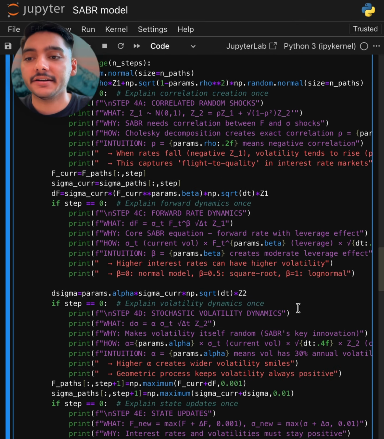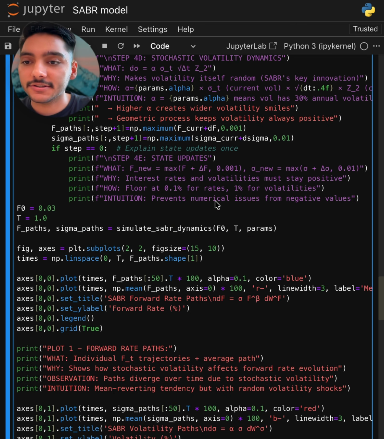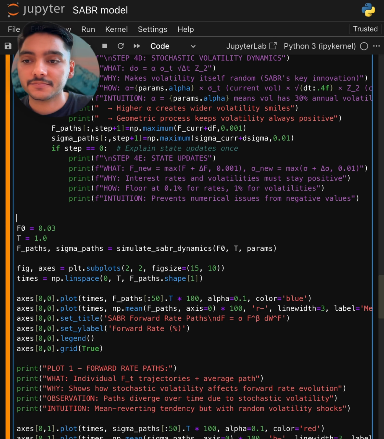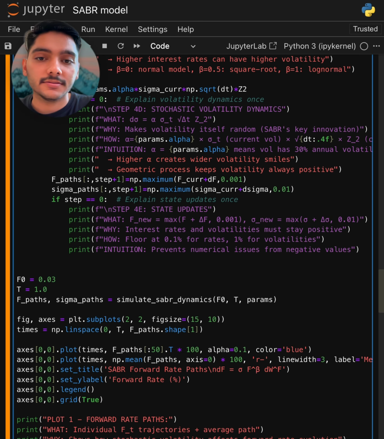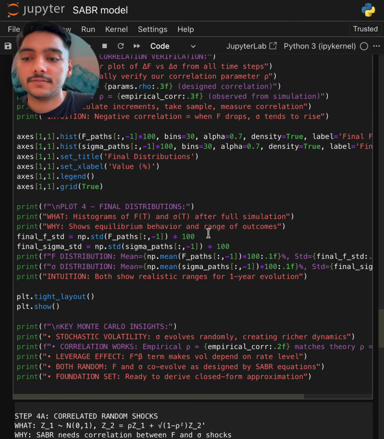I forgot to write the return statement, so it is returning nothing. Same error again, that's not good. It will be something like this: return f_paths and sigma_paths. The error is resolved.